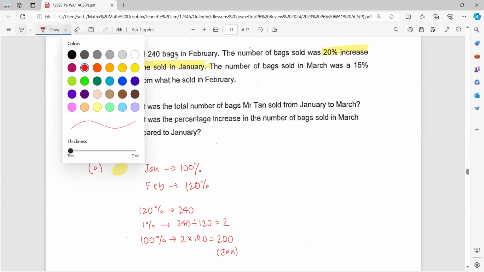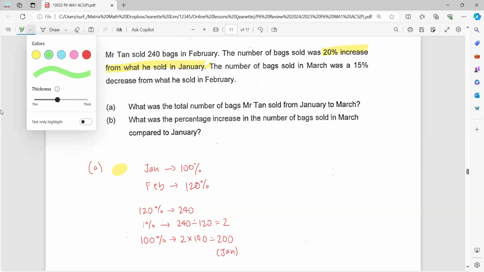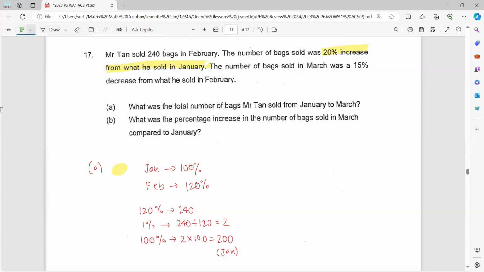Now the next part of the question: the number of bags sold in March was a 15% decrease from what he sold in February. So this time February is 100%. Okay, we're comparing against February.